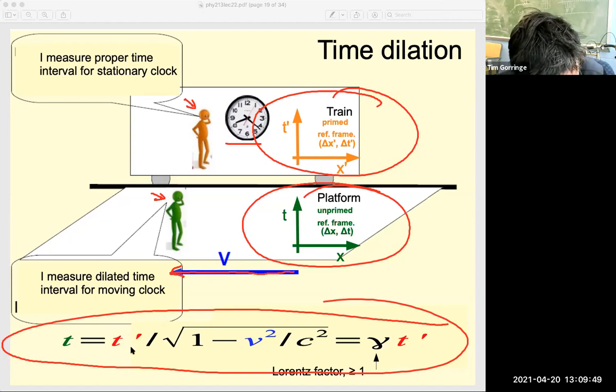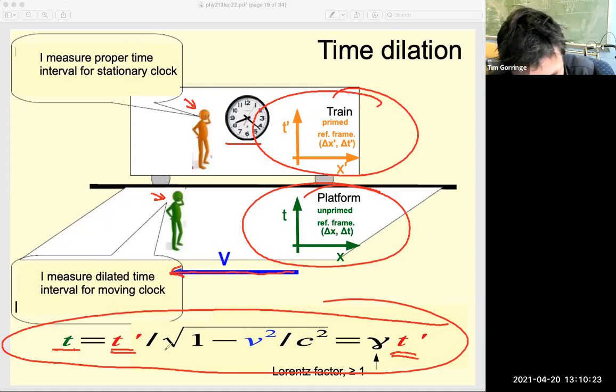So in this equation now, this T prime is the time measured by the train observer for the train clock. That person sees this train clock as stationary. They see the proper time. The observer on the platform sees a stretched, a dilated time for the seconds ticking by on the clock, or the hours ticking by. That's the unprimed T here.